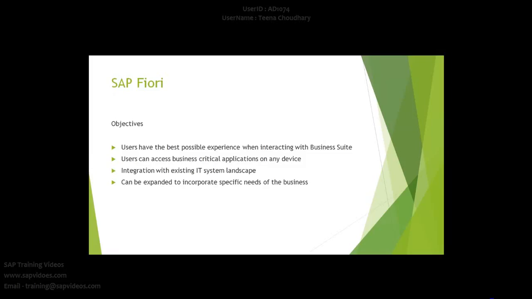But ECC is not only one module, it has different modules. Not only logistics, there are financial modules, CRM, SRM, everything is involved. So when we talk about SAP as a whole product, we are talking about all these modules, not only one particular module.